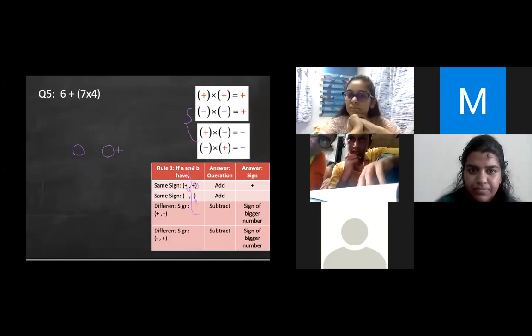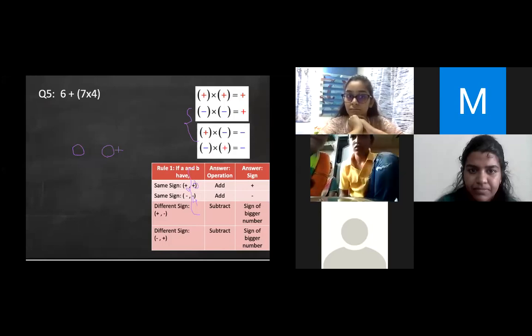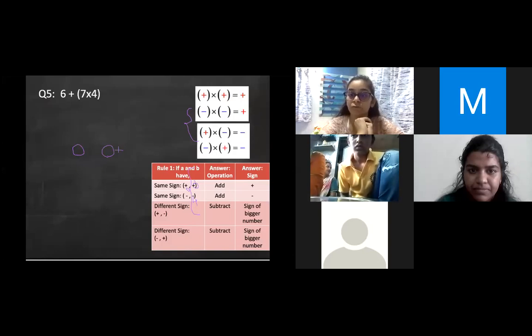6 plus, bracket, 7 multiply 4. So 7 and 4 are in bracket.